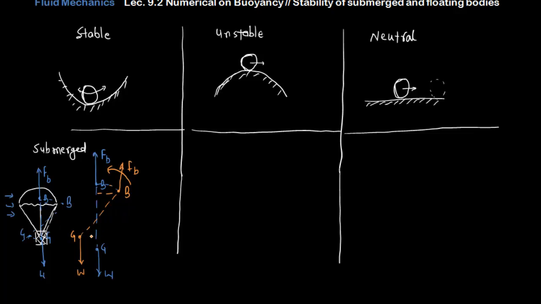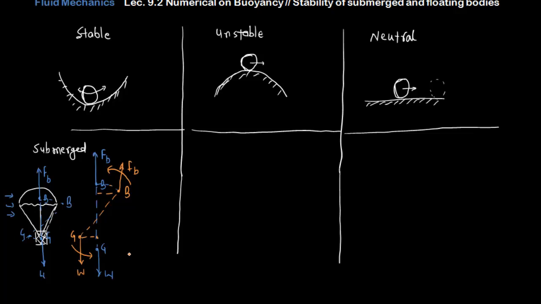Now obviously this weight is also at some distance from its initial line of action. So this weight times this distance is also creating a counterclockwise moment about this point, since the weight is acting downward.